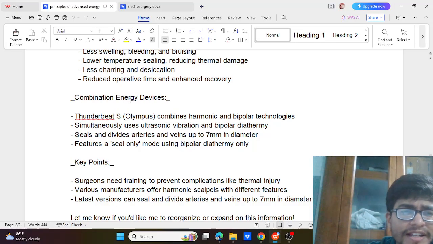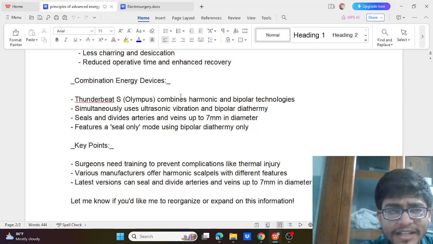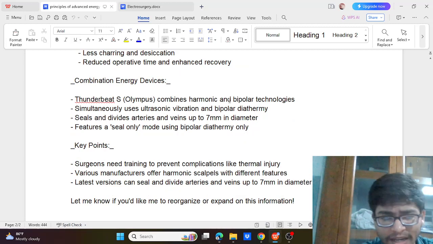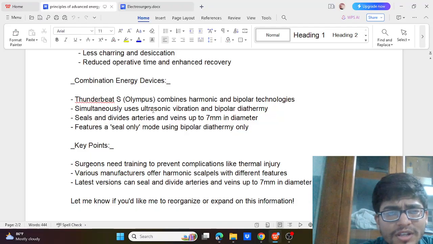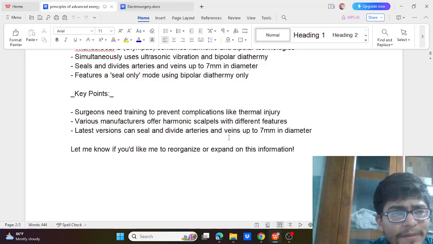Now the combination devices, which are the special advanced ones, that is the Thunderbeat, which combines electrosurgery and the harmonic, that is bipolar and the harmonic together. It uses ultrasonic vibration and bipolar diathermy, can seal vessels up to 7 mm, and it also has a seal only mode where bipolar diathermy is used only.